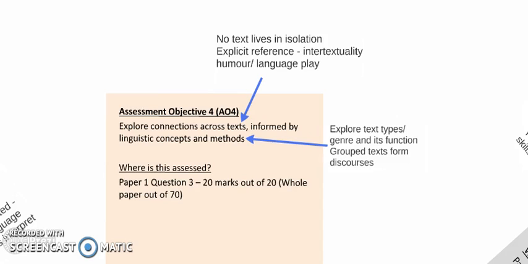So a pun doesn't make sense if you don't understand what the other meaning is, or it could be a play on a place name or a play on a historical figure, and again that only works if you understand the connection with the other text.